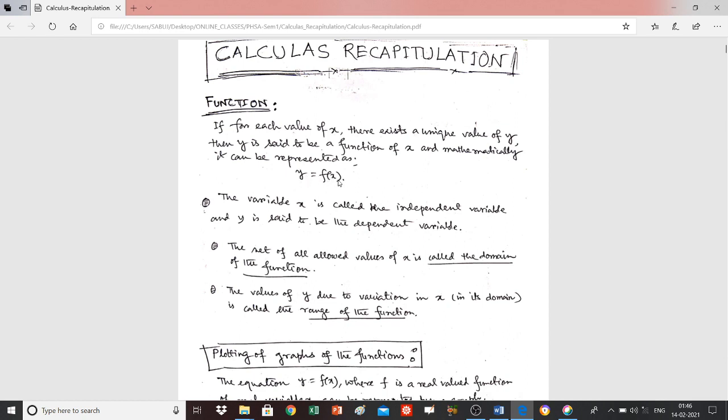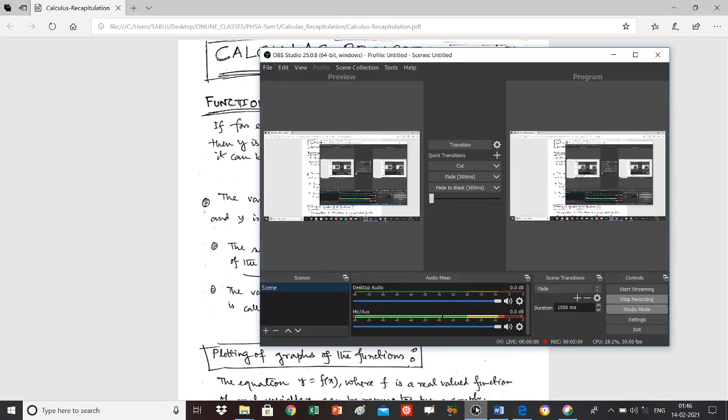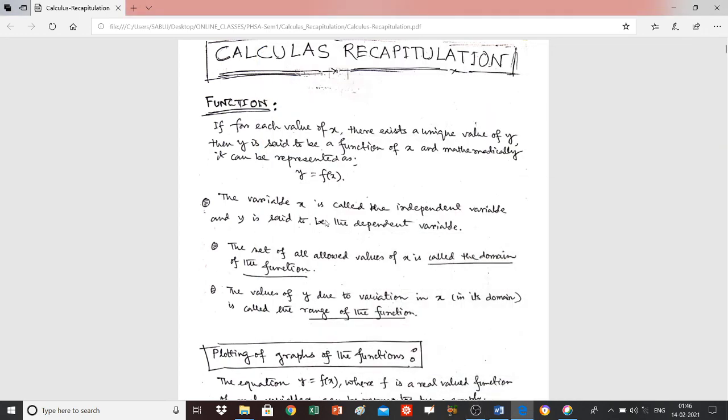That is y is equal to f(x), and the variable x, as I already told, is the independent variable, and y is the dependent variable. The set of all allowed values of x is called the domain of the function, and the values of y for the corresponding values of x in the domain is called the range of the function.